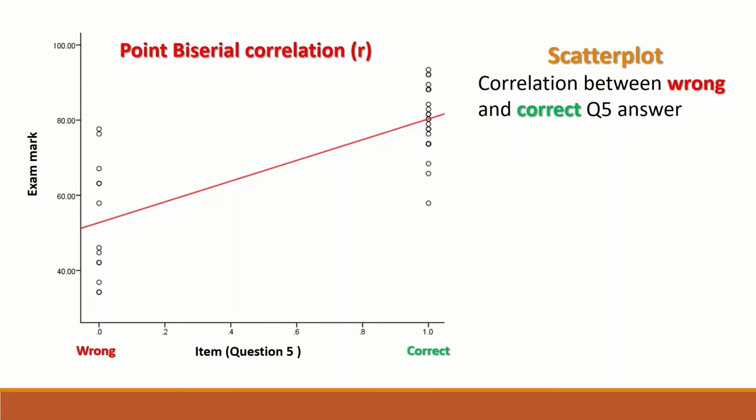So question 5, from this scatter plot, can be considered as really a good question. It can discriminate between the high performing students and low performing students.